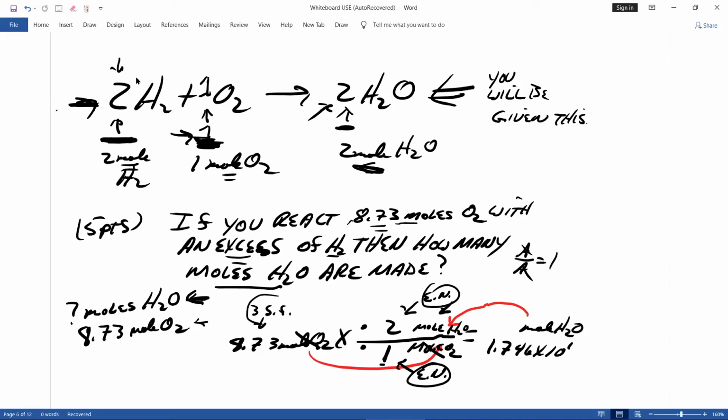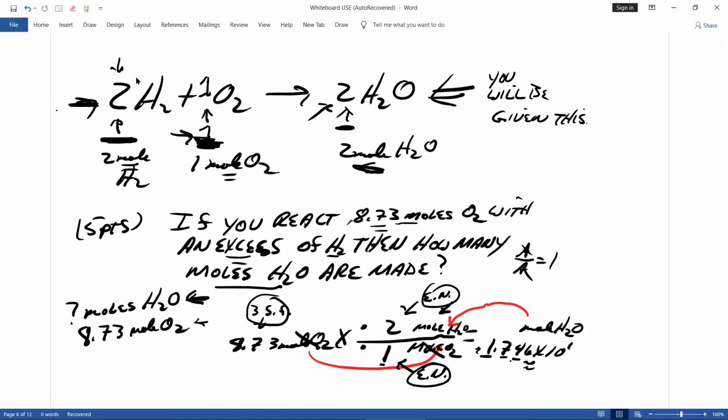And therefore, we have 3 significant figures. Round this off to 3 significant figures. Your turn. All right, how do we round this off to 3 significant figures? Keep the 1, keep the 7, keep the 4.